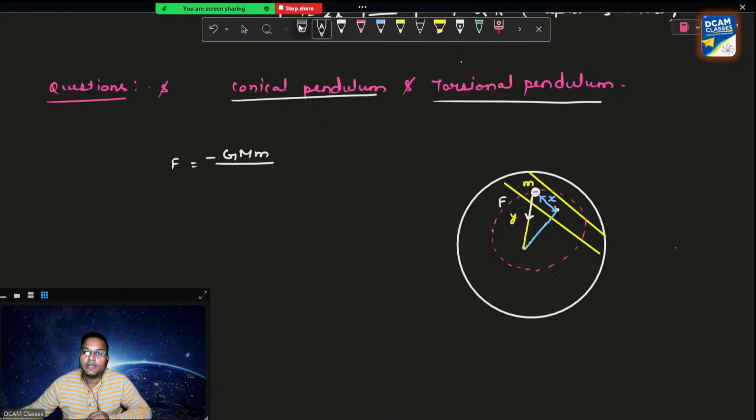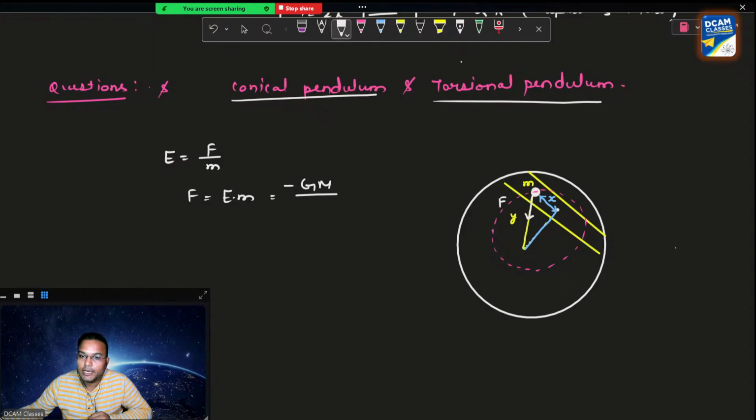So if we calculate E field is equal to force upon small m, F will be equal to E into m, and the field at this point, if you see, it will be G capital M by R cube into y. Okay?